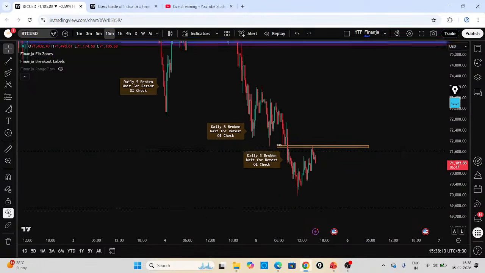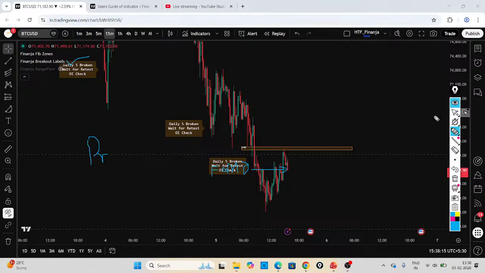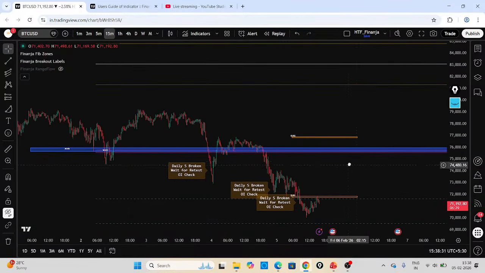What this tells us is that whenever important support or resistance levels are there, for example daily levels, weekly levels, and monthly levels. So what are these daily, weekly, monthly levels? I'll be showing it to you.